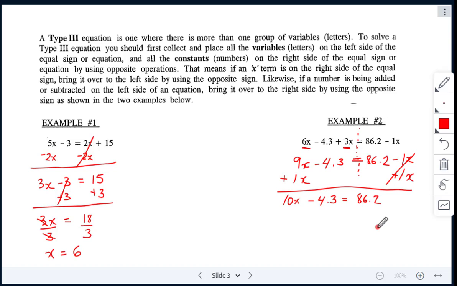So now this looks like a type 2 equation. So I'm going to do the opposite here of subtracting, which is adding 4.3, add 4.3 to both sides. So now on my left side, I have 10x is equal to 90.5.